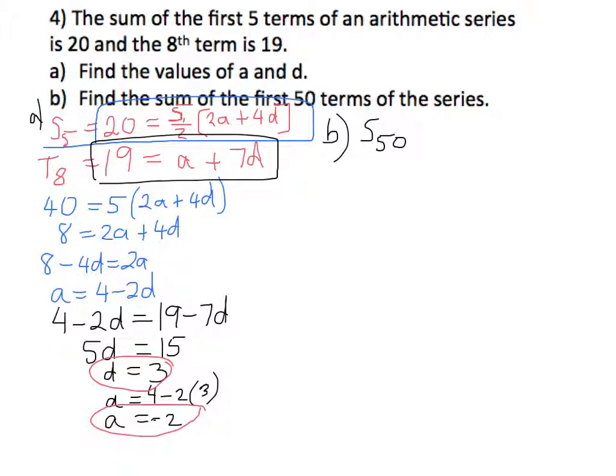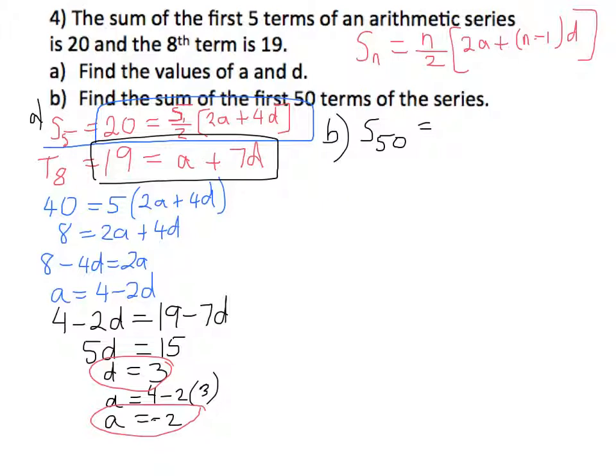And we are going to use the formula that we know for the sum of n terms, which is n on 2 lots of 2a plus n minus 1 times d. So after you write that down a couple of times, it gets a bit easier to remember.